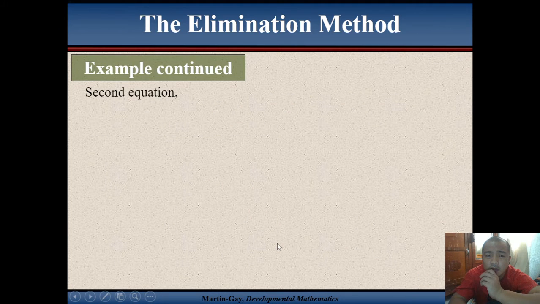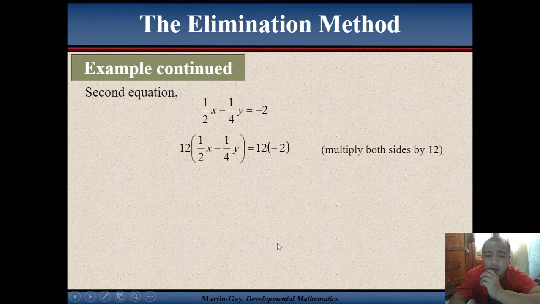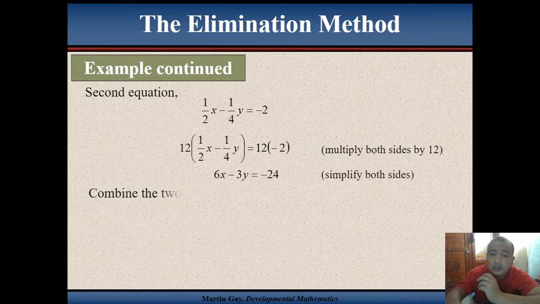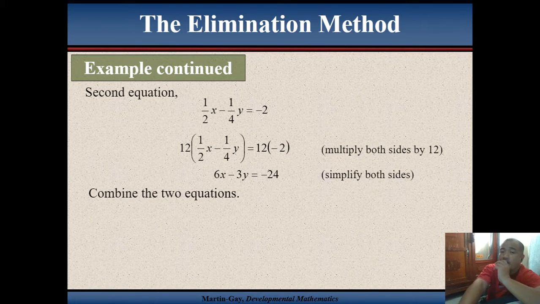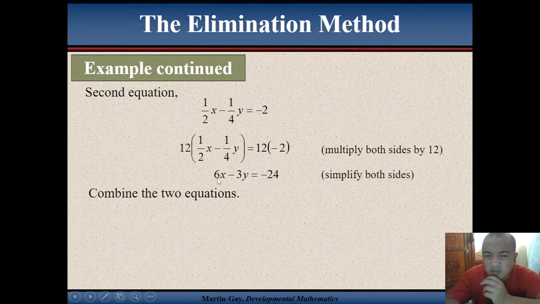For the second equation, multiply by 8. Eh, 12? Why 12? Okay, 12 can also work. So that becomes 6x minus 3y equals negative 24. Should be 8, no?